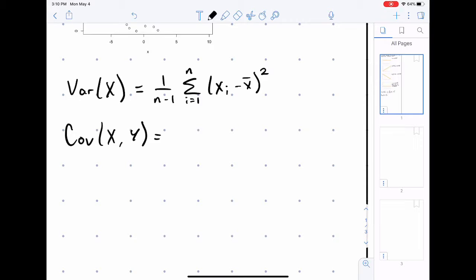The covariance is pretty much the same thing. We take the same sum, and instead of squaring, we have (xi minus x bar) times (yi minus y bar). So we're looking at how xi differs from its mean and how yi also differs from its mean.